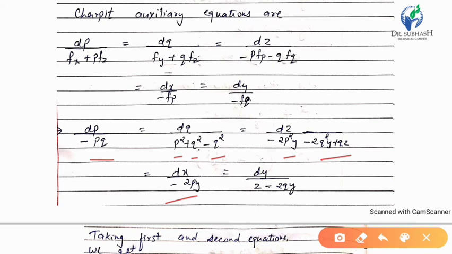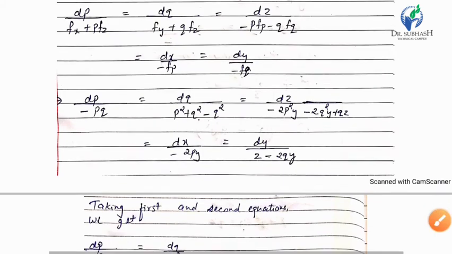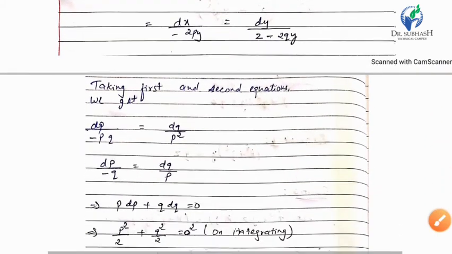Okay, now from these equations we will see which one is easier for us to simplify and integrate. See, if I take dp and dq, in dq we can see that q square will get cancelled, so it will be only dq upon p square. So we can easily compare dp and dq and integrate it. So we are taking the first and second equations.